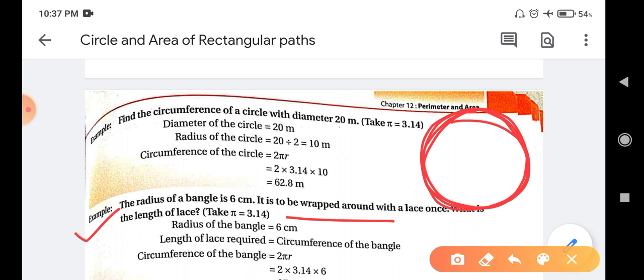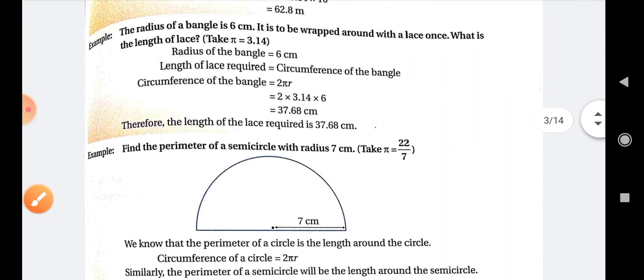So that means we have to find the circumference, and the formula of circumference is 2 pi r. Then put the values. 2 into value of pi, we have to take 3.14, then multiply radius. Radius is 6. Then solve it and you will get your answer.